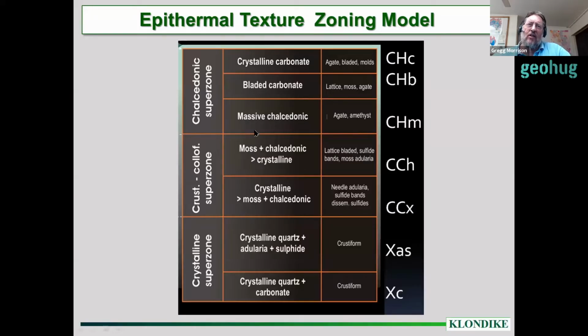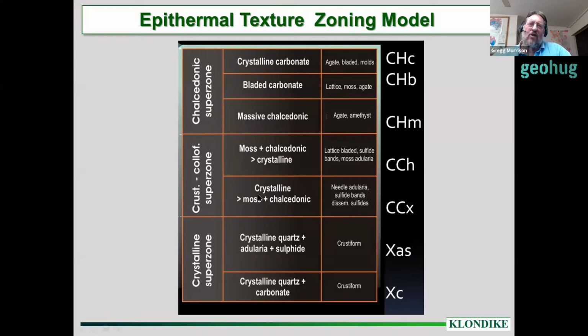Across here, there's a transition where the banding becomes more prominent. The banding here is generally fairly feeble, but in here it becomes obvious, and it generally represents an alternation between chalcedony and crystalline quartz. And so it combines textures that originate up here with ones that originate down here.